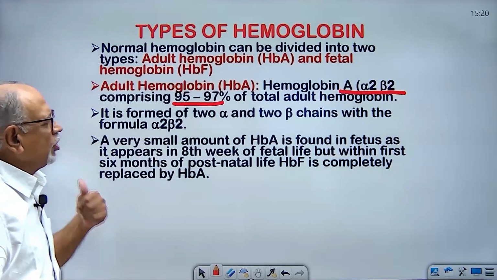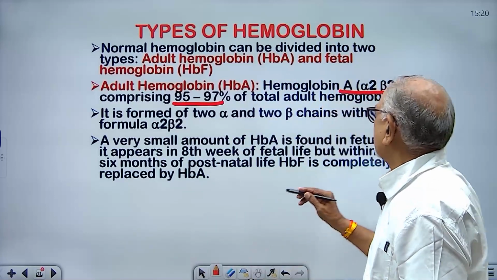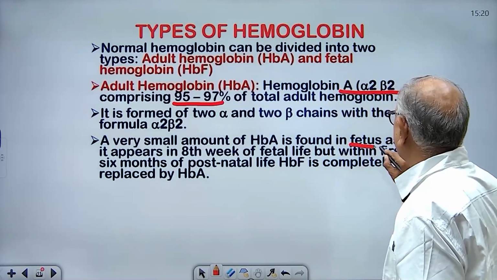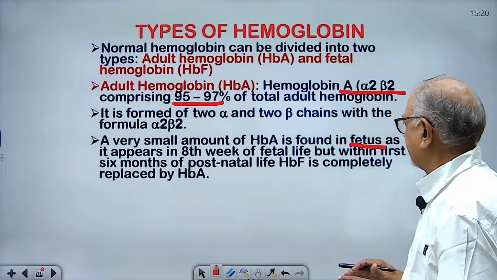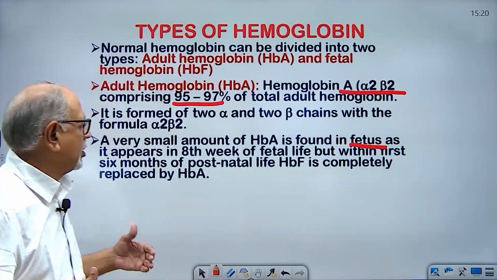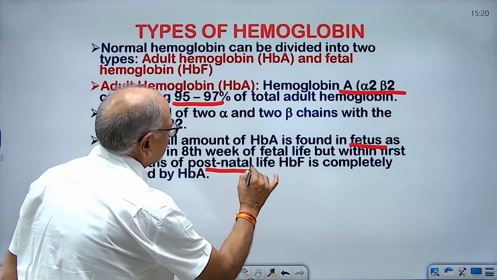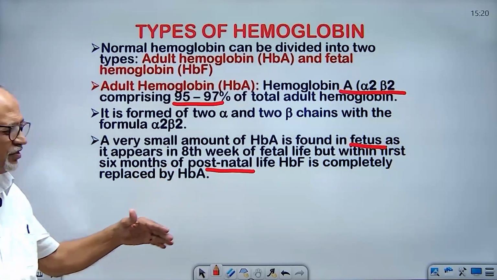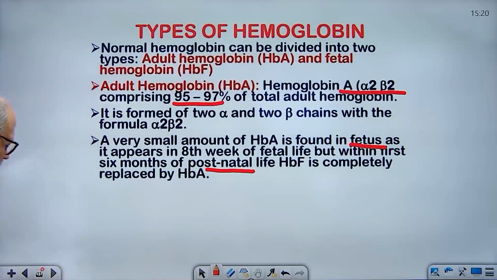A very small amount of hemoglobin A is found in the fetus, as it appears in the 8th week of fetal life, but within 6 months of postnatal life, that is after birth, hemoglobin F is replaced totally with adult hemoglobin.